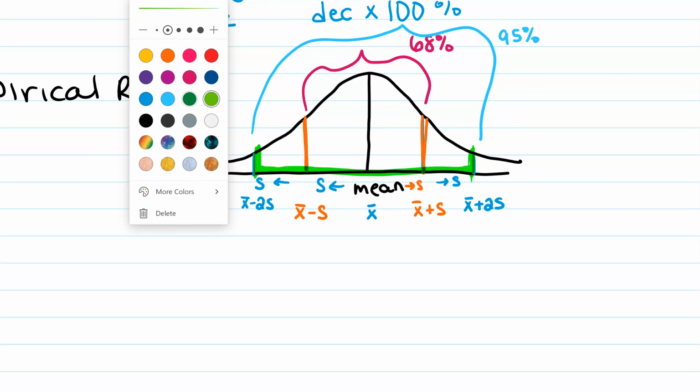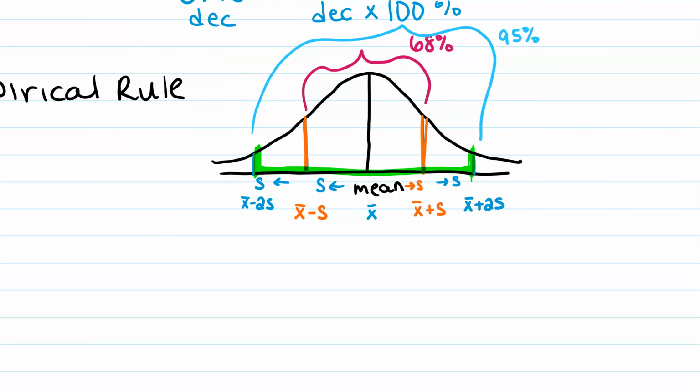So let me just change my color here. We'll go green. If I go one more standard deviation to the left, that would be x bar minus 3s. And on the other side, if I went one more standard deviation to the right, that would be x bar plus 3s, because it's a third standard deviation.